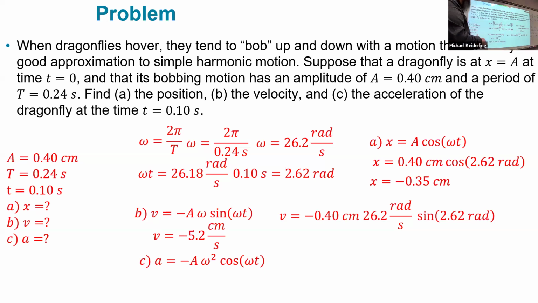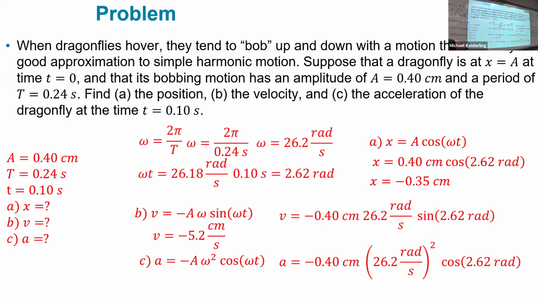And then acceleration is minus A omega squared times cosine omega t, which is 0.4 centimeters times 26.2 radians per second quantity squared times cosine of 2.62 radians, which is 240 centimeters per second squared, or 2.4 meters per second squared.